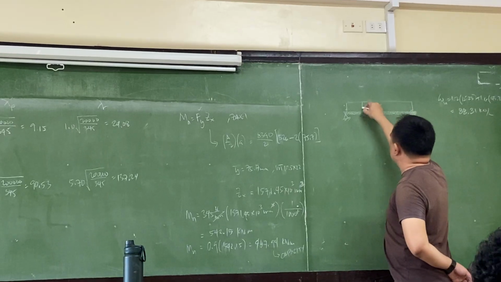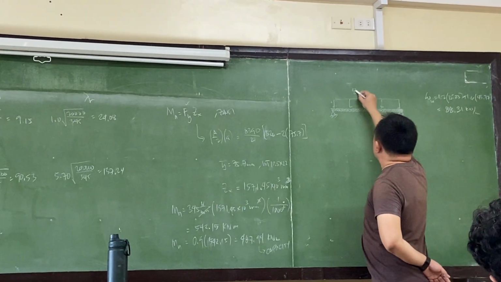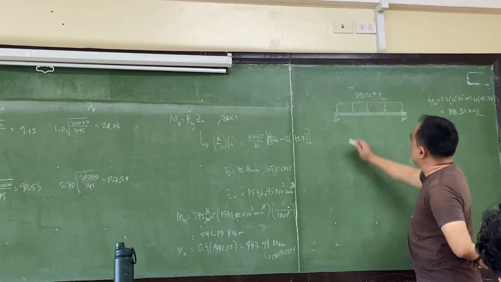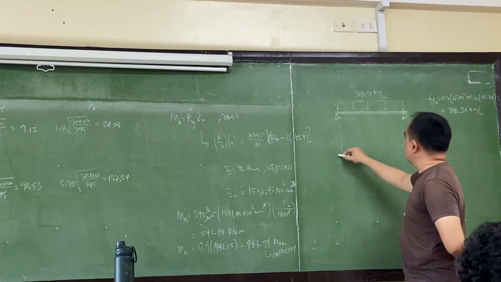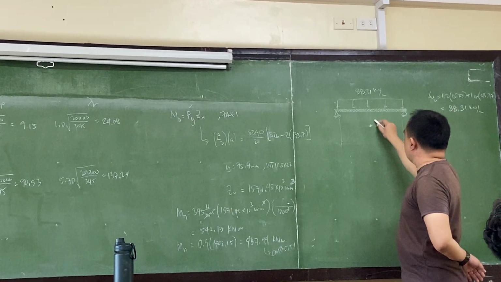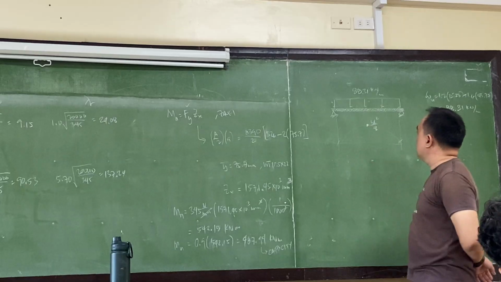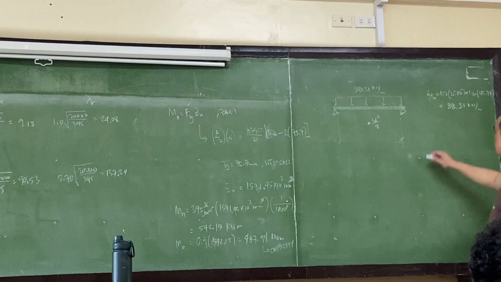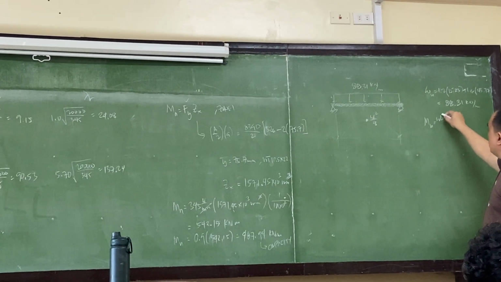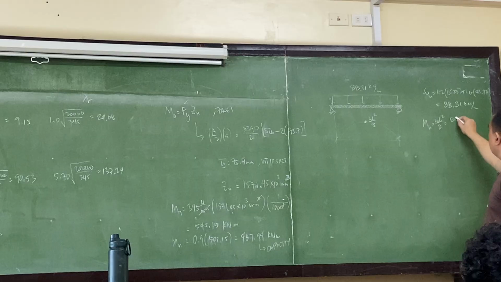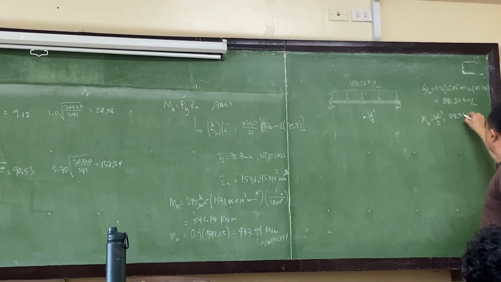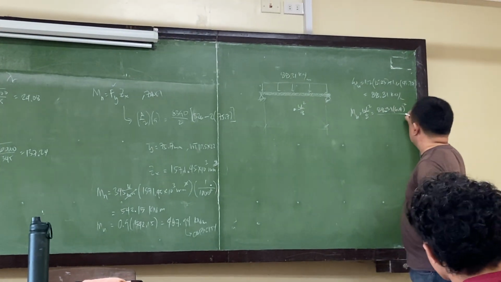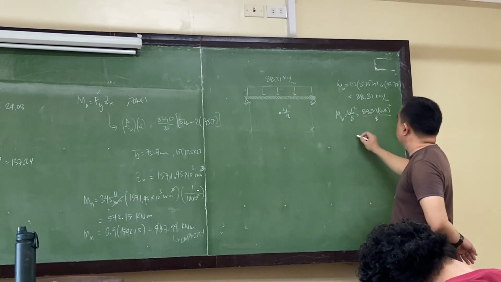Okay, so this is simply supported. So you can use the conventional formula, we only have 5 minutes left. So you can have this as your WL squared over 8. That's valid only for simply supported beams. So your Mu is WL squared over 8, 88.31 times the L, 6.4 squared, over 8.